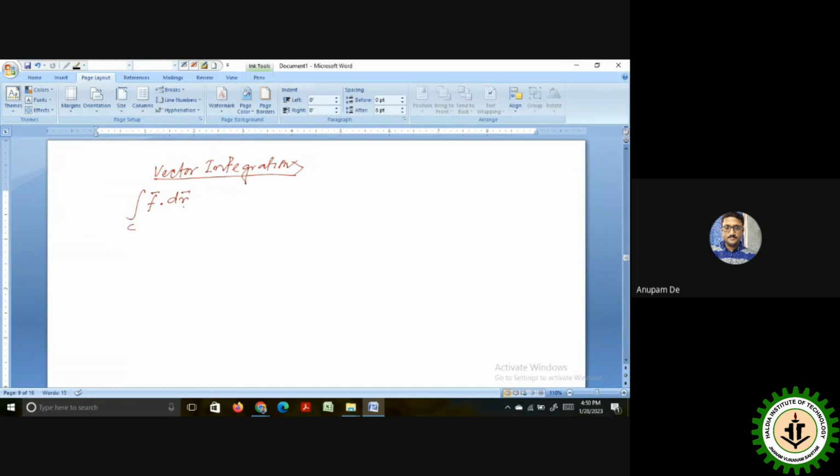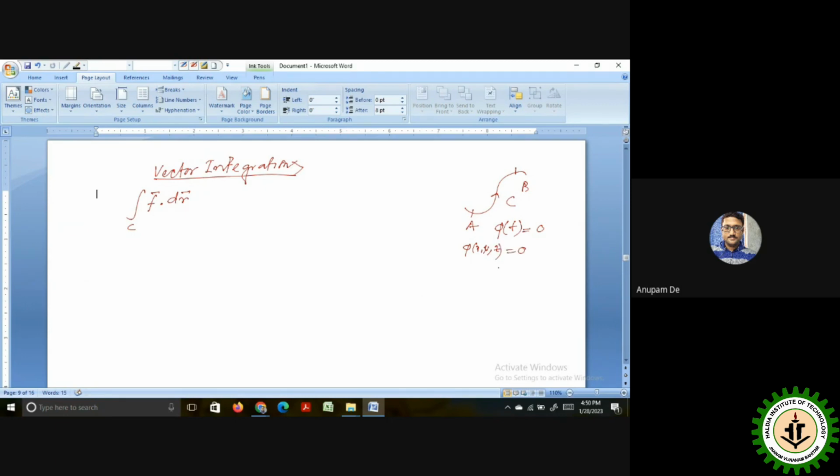Now this curve will be a curve in 3 dimensions. It will start from initial point A and go to B. It might have an equation like phi of t equal to 0, or it may be phi of xyz equal to 0.